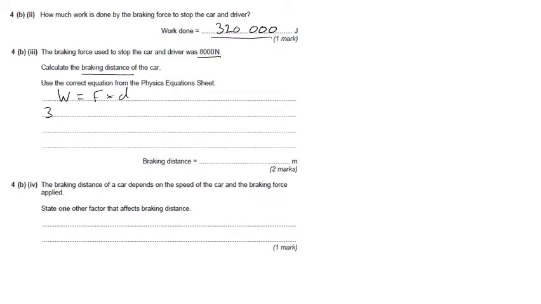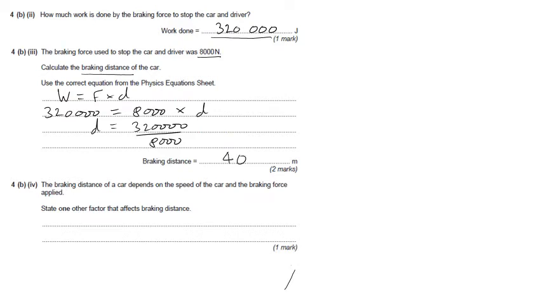So in this case the work done was 320,000 joules, the work done by the brakes. The force of the brakes was 8,000 newtons, and that is then multiplied by the distance, which gives us distance is equal to 320,000 divided by 8,000, which is 40 meters.